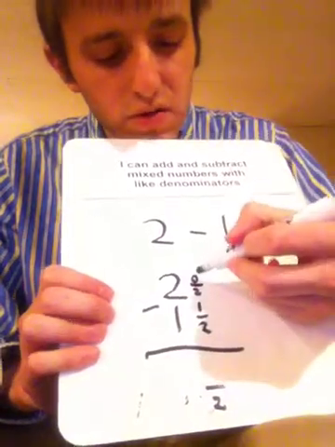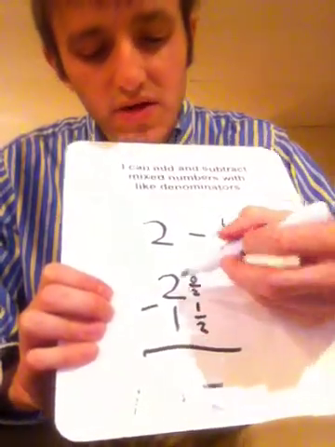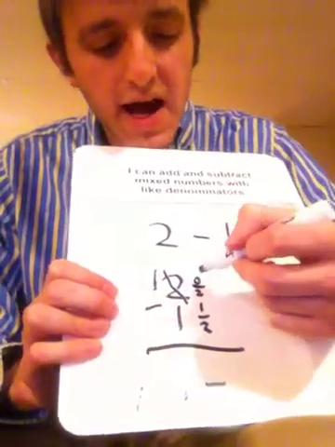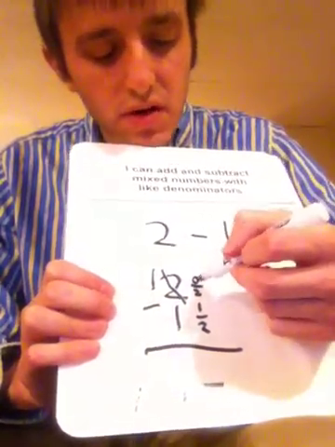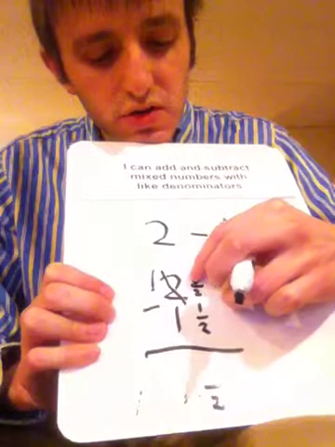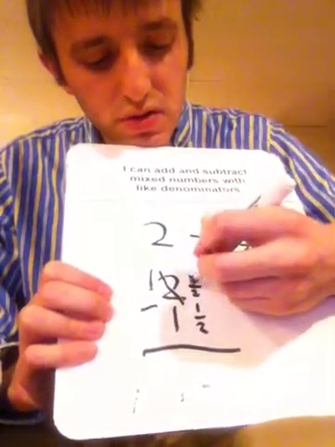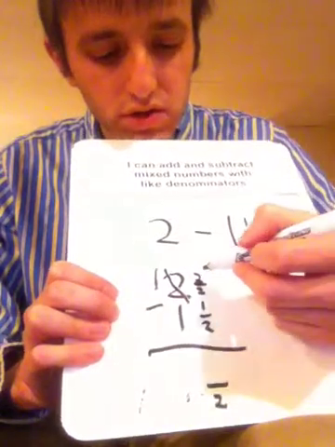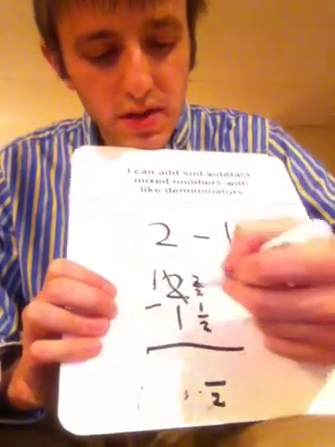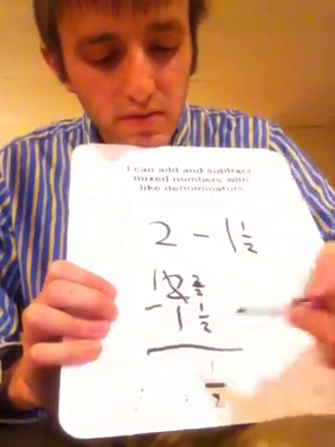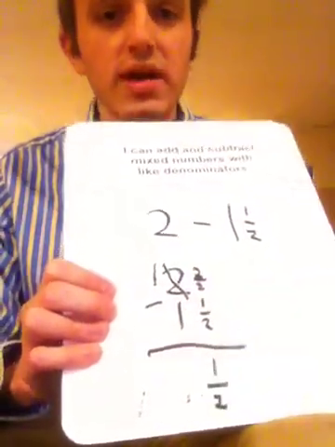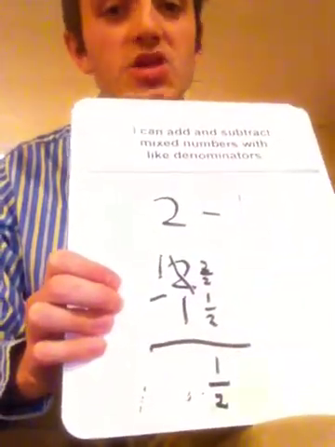So if we don't have any, we can't take 1 away, so we need to borrow from the 2, borrow 1 whole, and if we're adding a whole to 0, it would turn into 2 pieces over 2, which is our new whole. So 2 take away 1 is 1, and 1 take away 1 is 0. So your answer would be 1/2. I hope this was challenging for you.